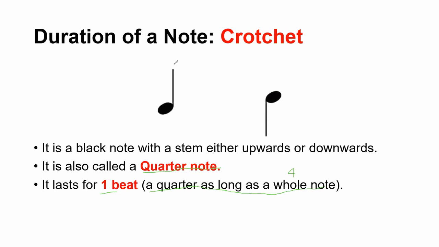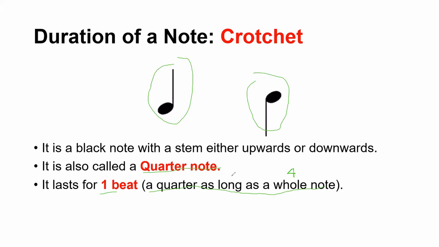So this crotchet, this is what it looks like, or like this. Sometimes you'll see it. It's a quarter note because it's a quarter of the whole note. And if a whole note lasts for 4 beats, therefore the quarter note or the crotchet will last for 1 beat. So if this is a beat, 1, 2, 3, 4, 1, 2, 3.